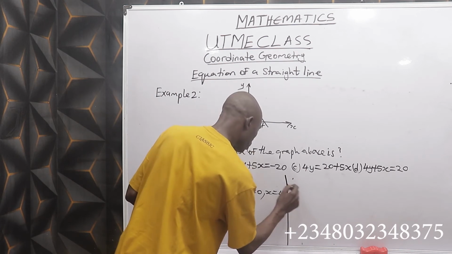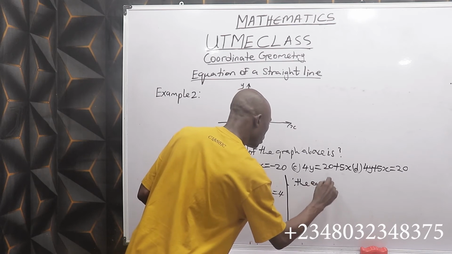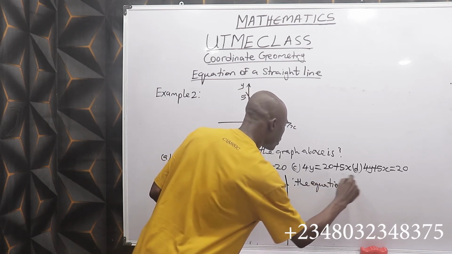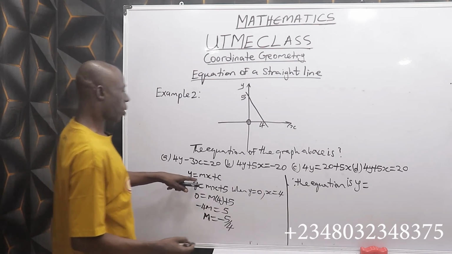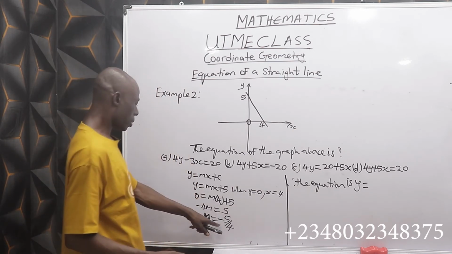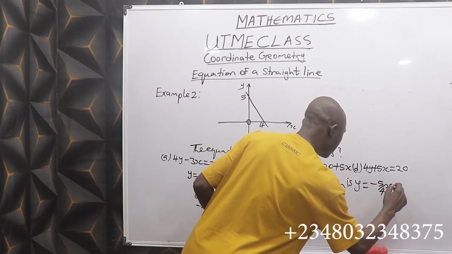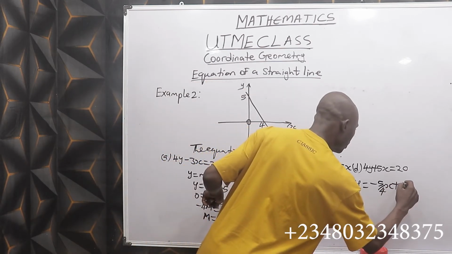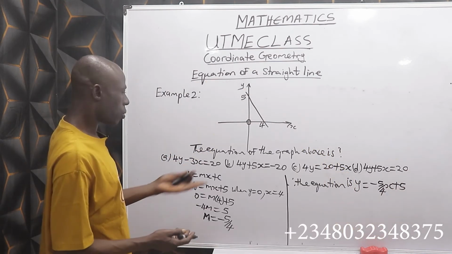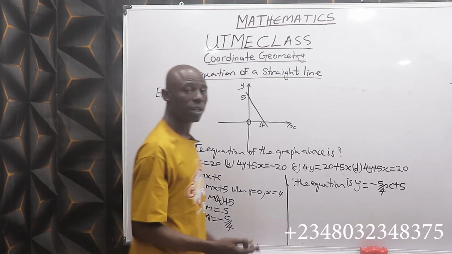Therefore, the equation is in this format, y equals, what is our gradient? Minus 5 over 4x, what's c? Plus 5. You don't see it like that in the option, so clear the fraction.